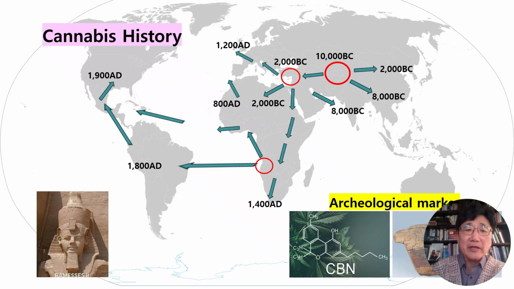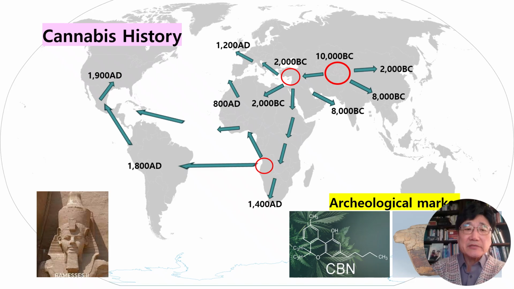From that point, it may have taken 1,000 years before cannabis made its way to Africa and Western Europe. It likely crossed the seas to South and Central America between the 17th and the 19th centuries before arriving in North America in the early 20th century.